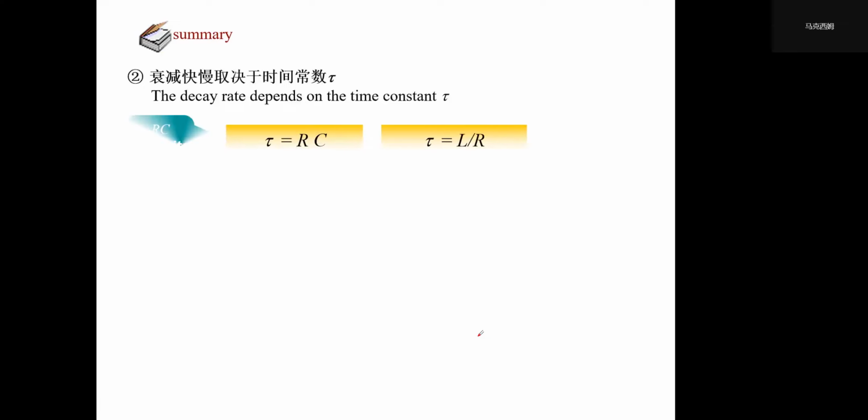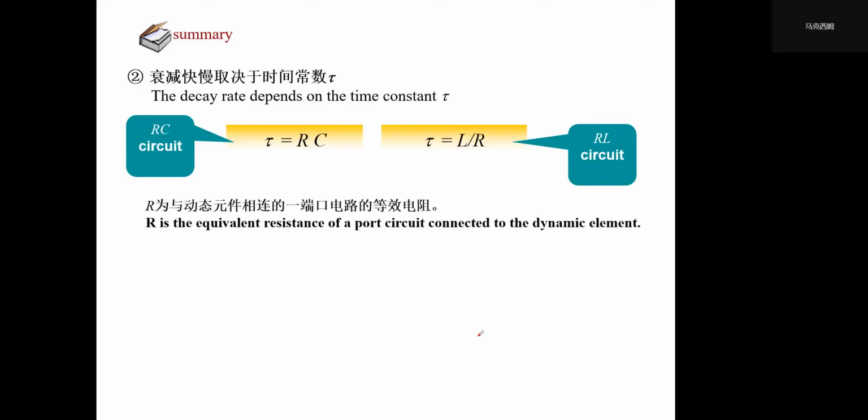And the decay rate, how fast the decay happens, depends on the time constant. For RC circuit, tau equals the product of R and C, and for RL circuit, tau equals L over R. So we only have to remember that. And R is the equivalent resistance of the one-port circuit connected to the dynamic element.